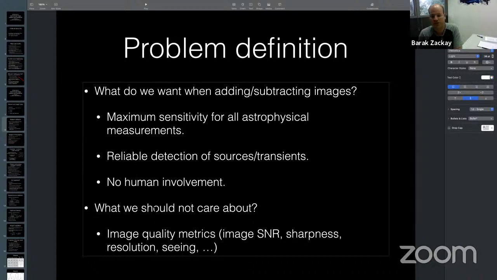And what we should not care about, so let's separate the important things from the non-important things. Image quality metrics, for example, maybe those are usable if you are planning a telescope in advance. But once the data is taken, we don't really care about the images and their sharpness, resolution, seeing.